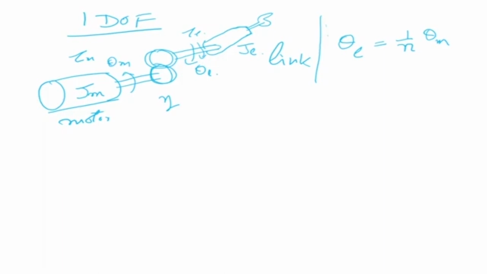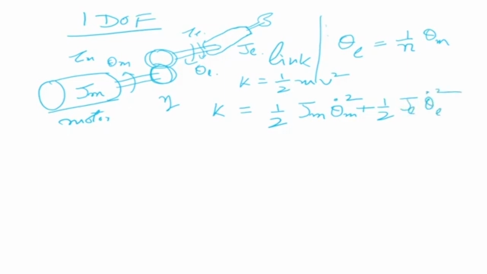Now what is the kinetic energy? So the kinetic energy K is equal to half mv squared. So we know K is equal to half mv squared. Okay, so what is this equal to? It is equal to half J_m theta m dot squared plus half J_L theta L dot squared, that is half mv squared.